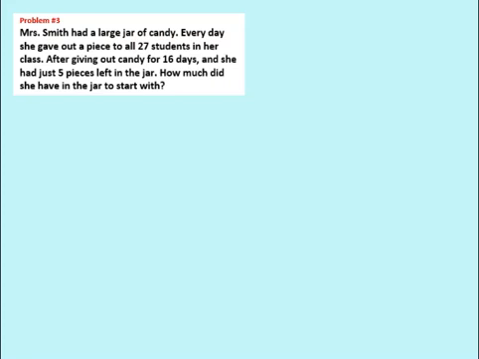So let's think about what's going on. She starts out, and we always think of our timeline left to right. At the beginning, how much did she have? It doesn't tell us, so I'm going to write starting amount of candy. And then what happens? She gives out candy from her jar, so she's taking it away from her jar.